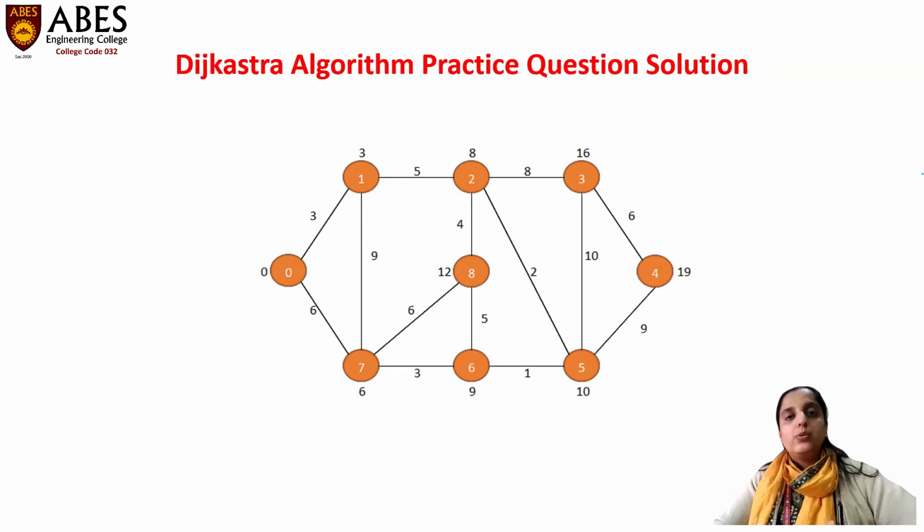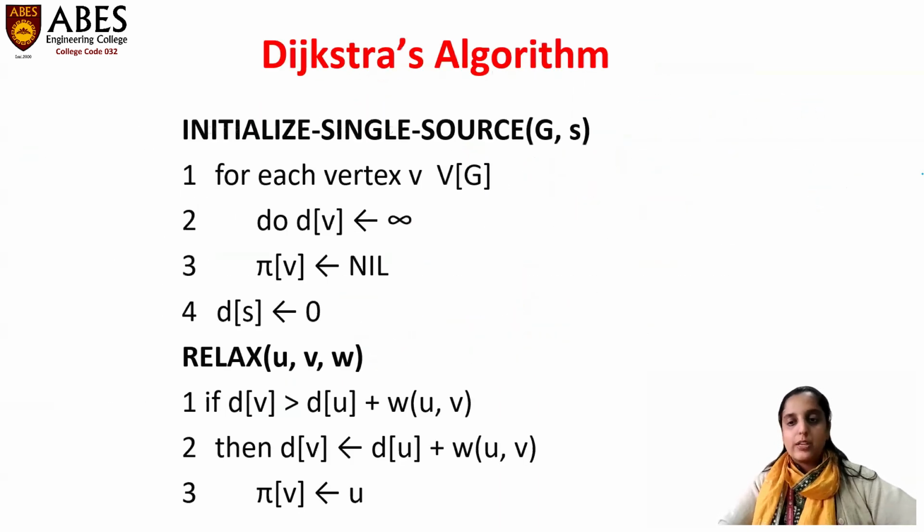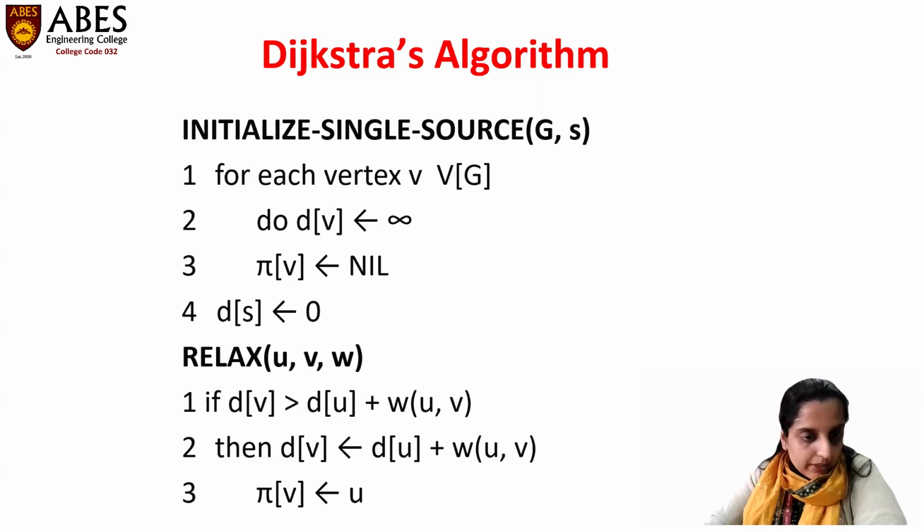Right. So first we'll do the algorithm, and after that we'll move to the drawback of Dijkstra's algorithm. This is basically the algorithm of Dijkstra, and it works very much similar to Prim's algorithm.